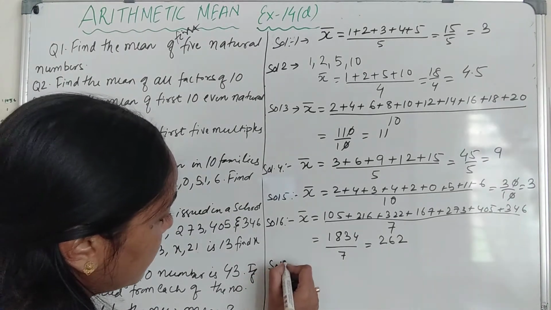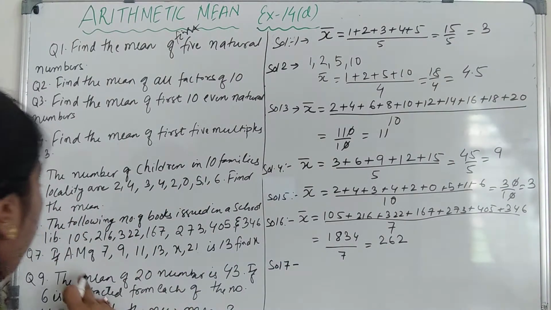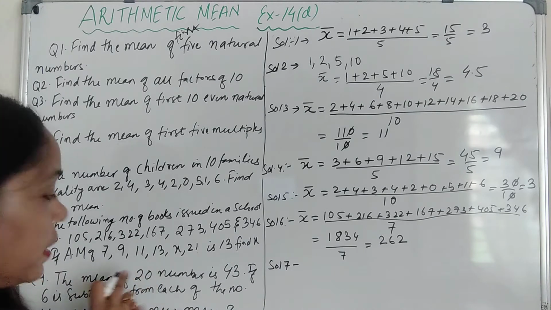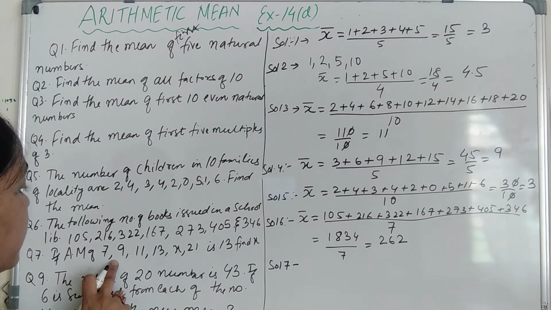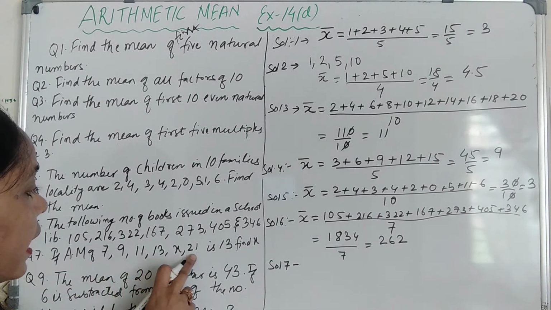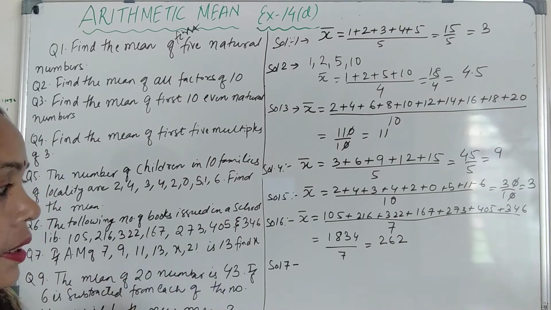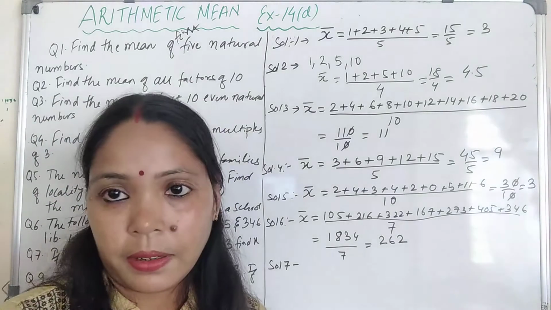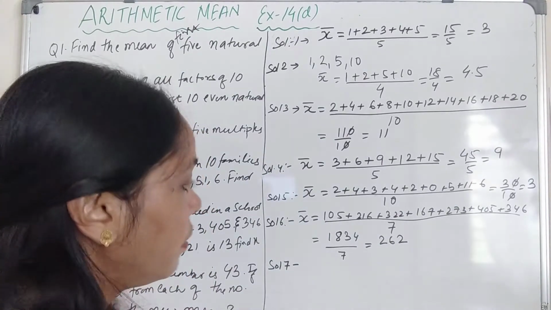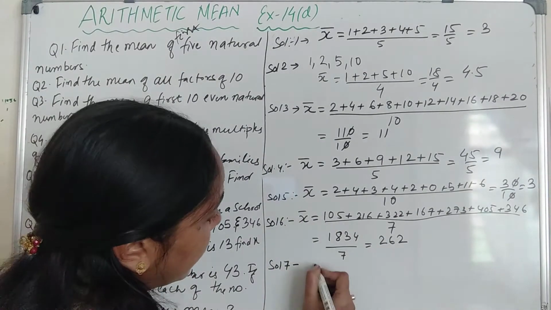Now solution number 7. This is very important. If the arithmetic mean of 7, 9, 11, 13, x, 21 is 13. Now the mean is given, and you have to find the unknown value. So we have to start like this only.